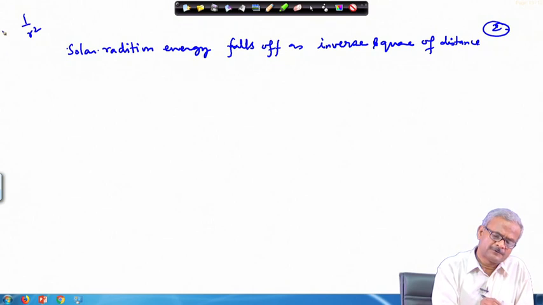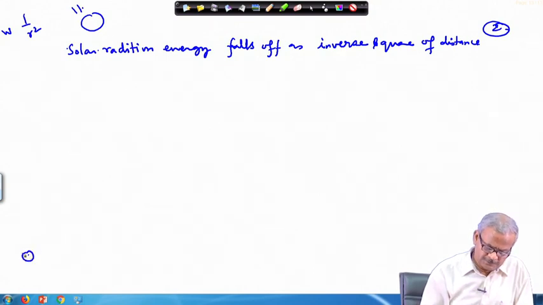The energy falls off if the solar radiation is coming from the sun, as you go from distance to distance.